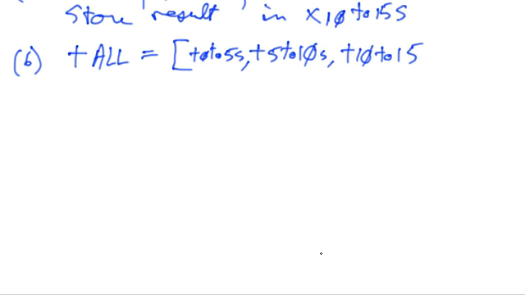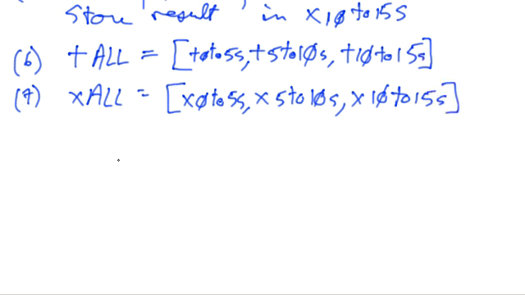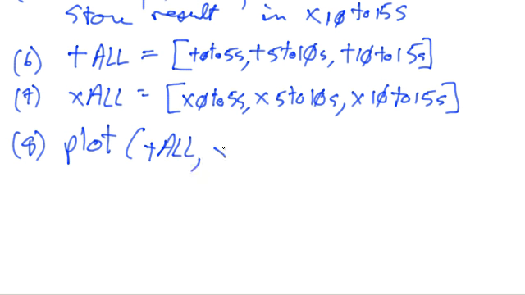So there's T0, and I'll go X0 is equal to, it's going to be the same thing, except it all starts off with an X. Alright, and then plot T all, comma, X all.